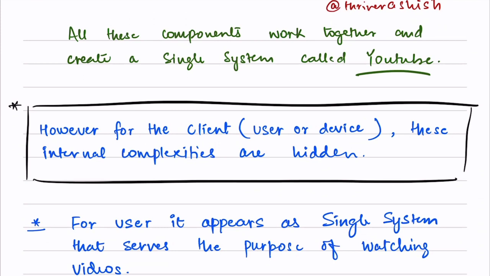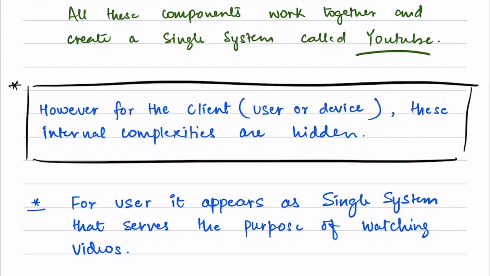If your network connection is slow, it will show you the video in lower resolution, at 480p, or if your connection is good, it will show you 1080p. That automatic conversion happens based on the network, or you may even select manually on the platform. But how does YouTube do that? Those complexities are hidden from the client or user. So for the user, it appears as a single system.